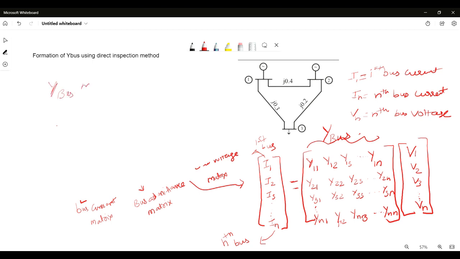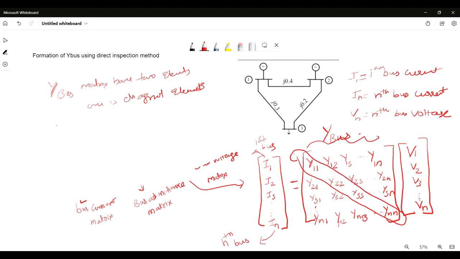Now, through the direct inspection method, we will form the Y bus. This Y bus matrix consists of two types of elements, as you can see in this matrix form. One is diagonal elements, which I marked here: Y11, Y22, Y33 up to Ynn are called diagonal elements.